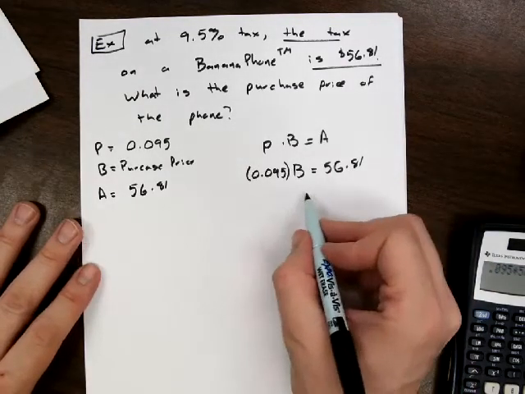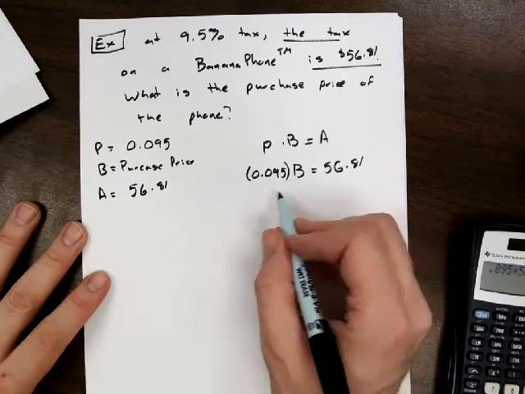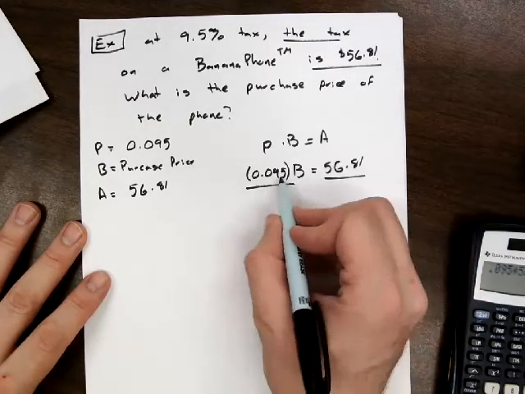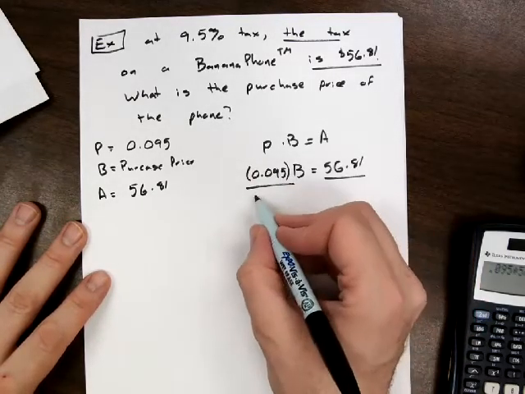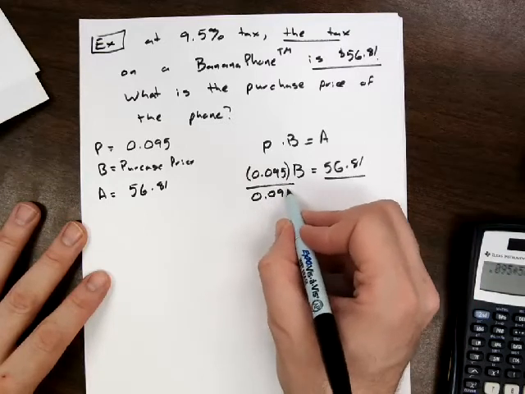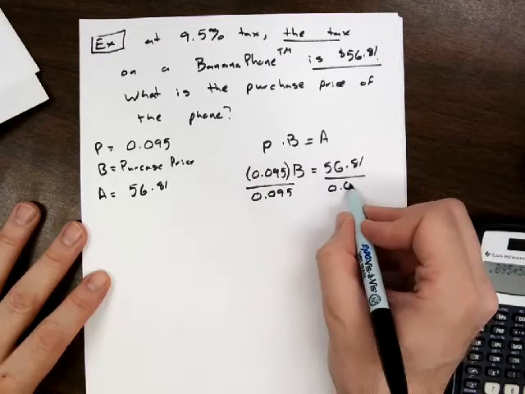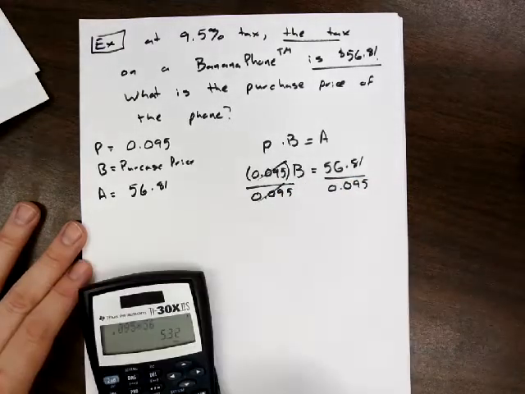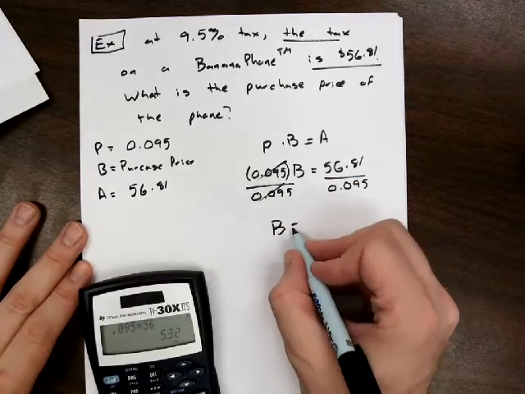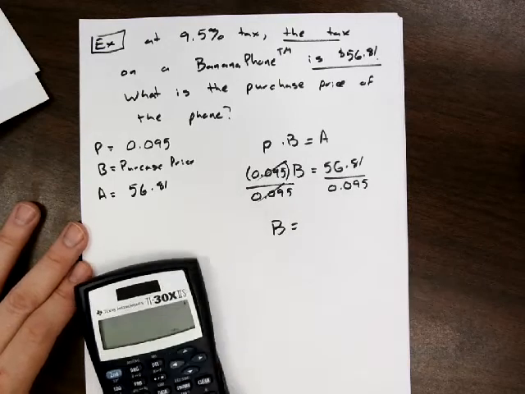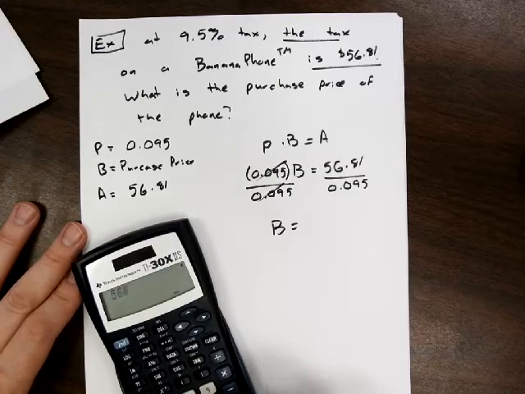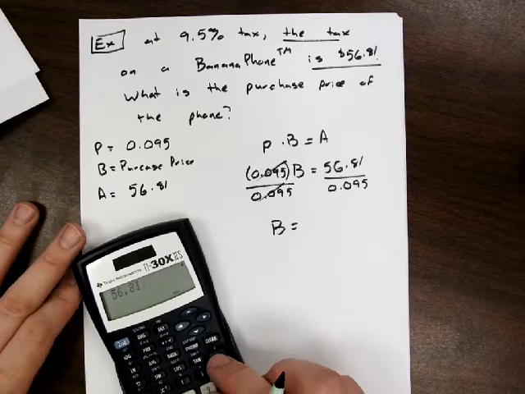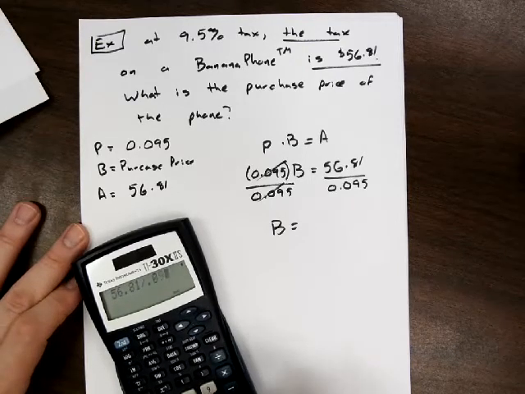Now to solve this, again, we want to get this B by itself, so we're going to divide both sides by whatever's multiplying it. So I'm going to divide both sides by 0.095. So I'm going to be left with my base is equal to 56.81 divided by 0.095.